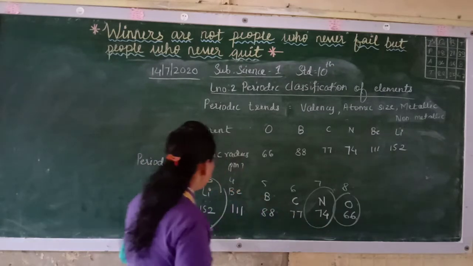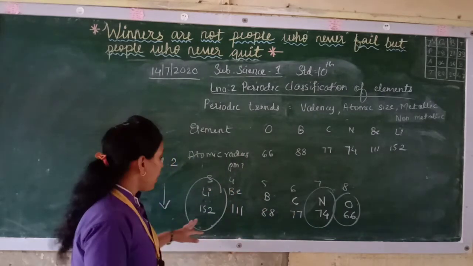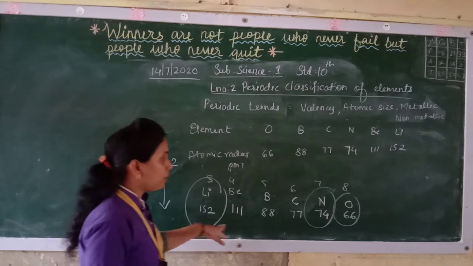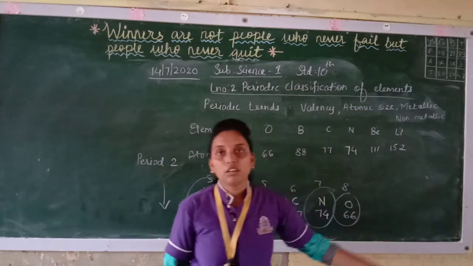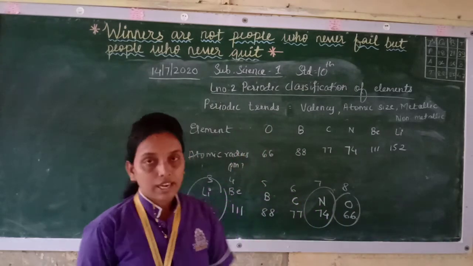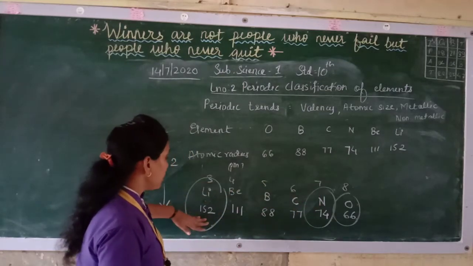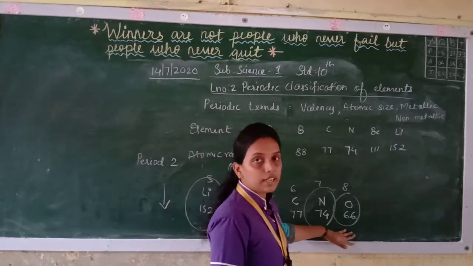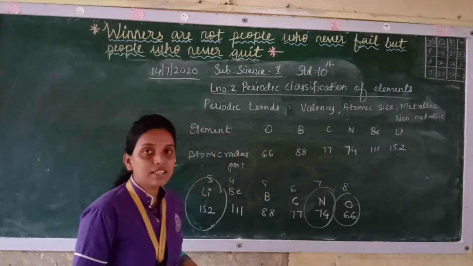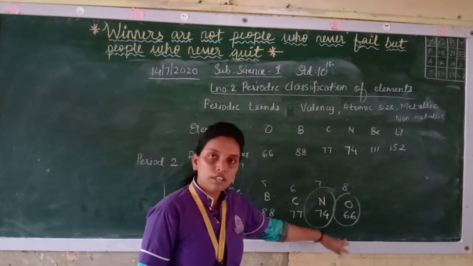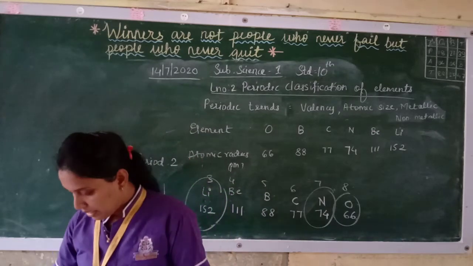So in a period it is decreasing, and the atomic size is also going on decreasing. So atomic number is increasing, and when atomic number is increasing, atomic radius is decreasing. If atomic radius decreases, then size will also decrease. Now further we will see.